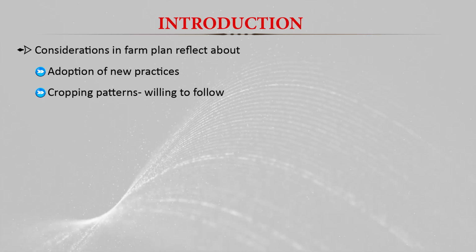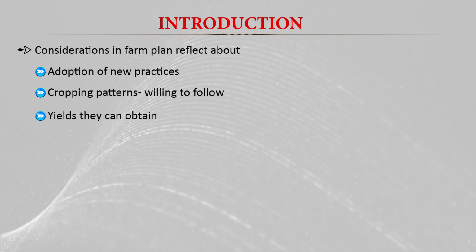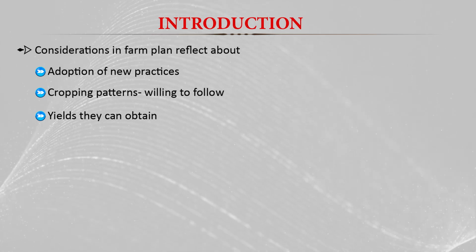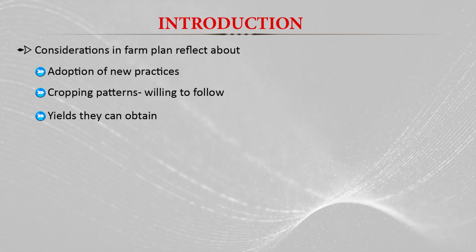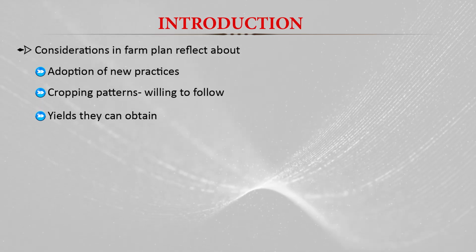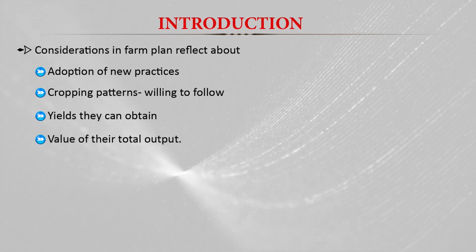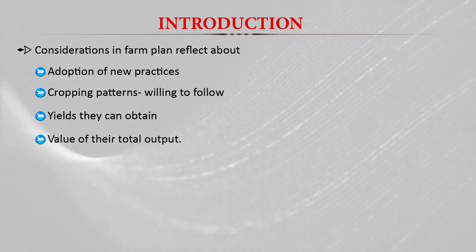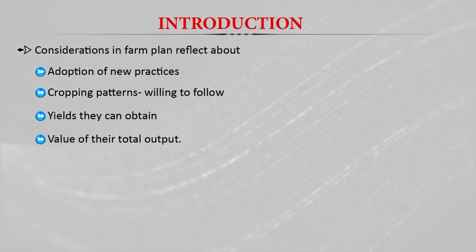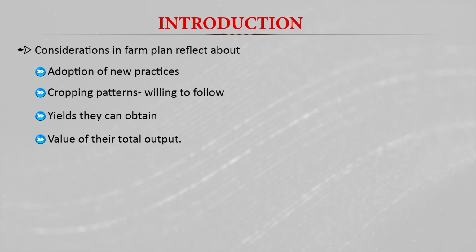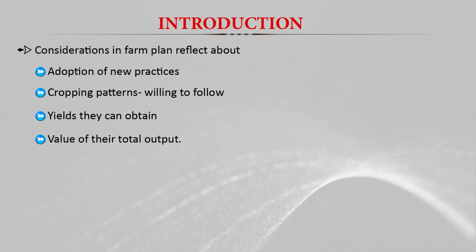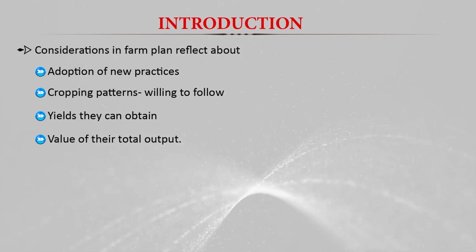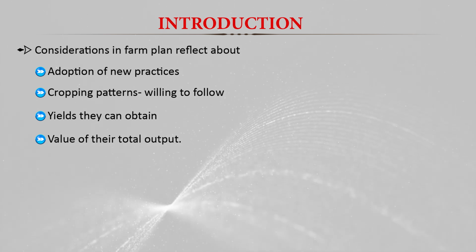There is also consideration of the yield we can obtain from the farming activities, and the expected value of the output from the farm activities. So the enterprise selection, the production aspect, and the value of the output are all included in the farm plan.